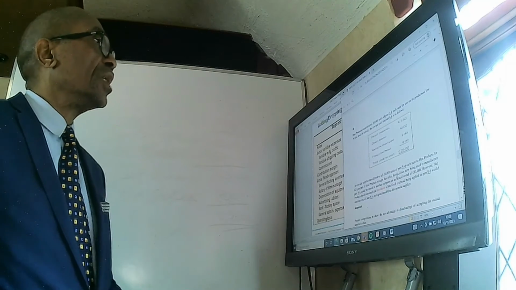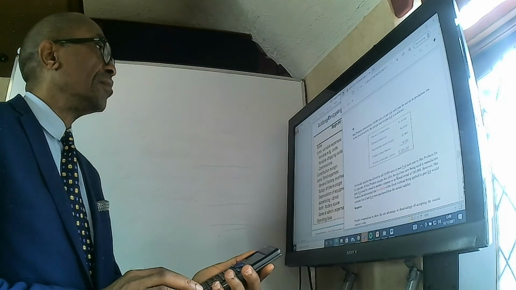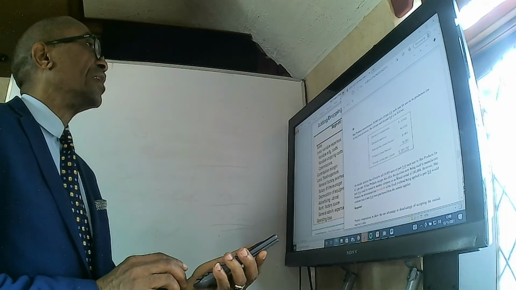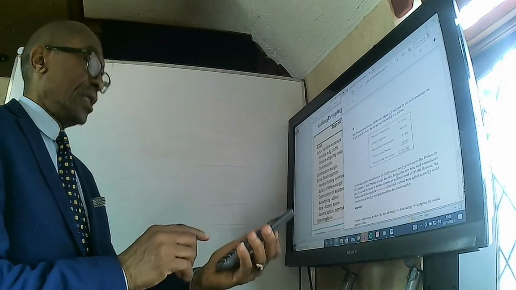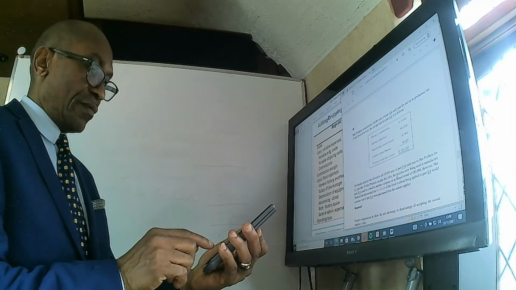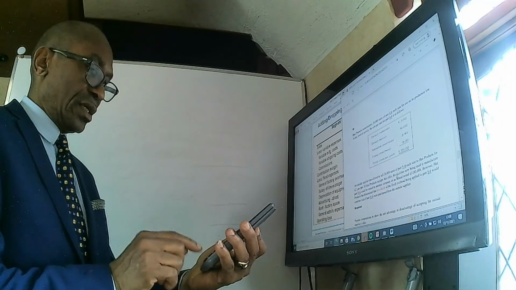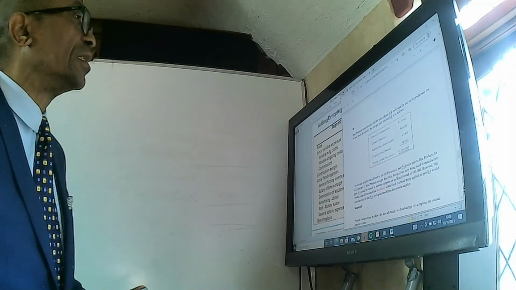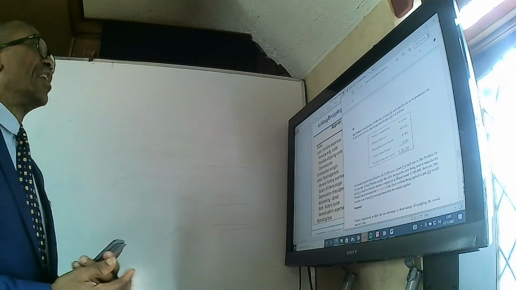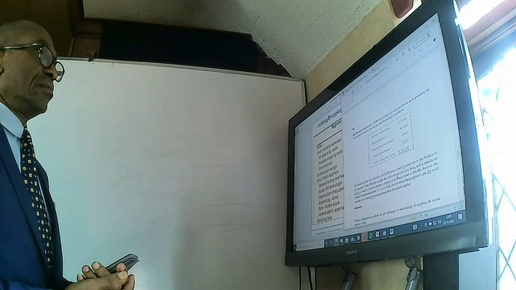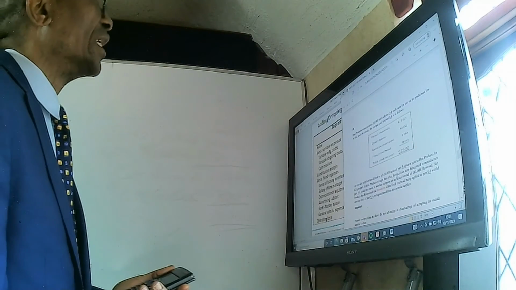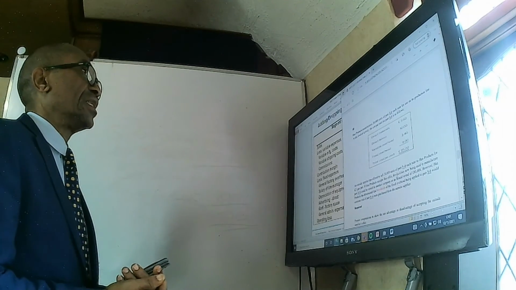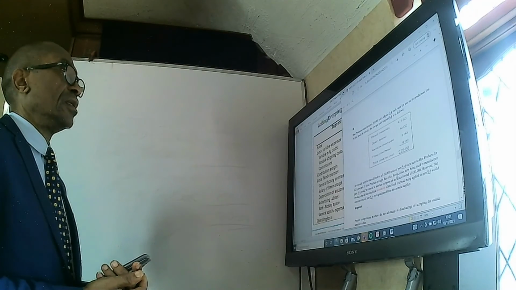So if we deduct £6 there, that is 25 minus 6, it will give us £19 avoidable or relevant costs.